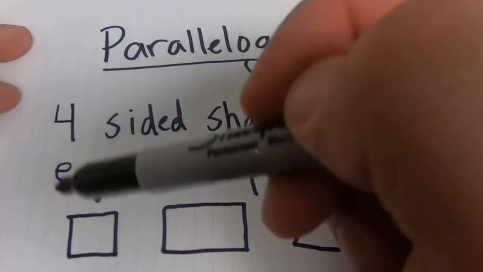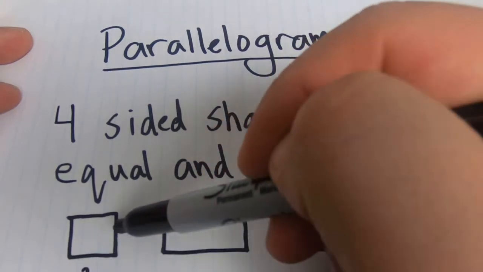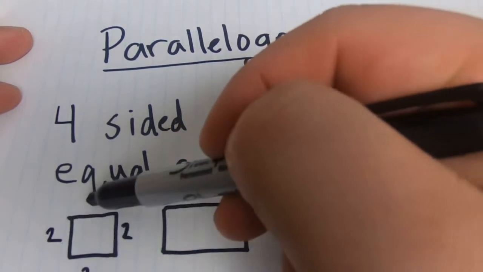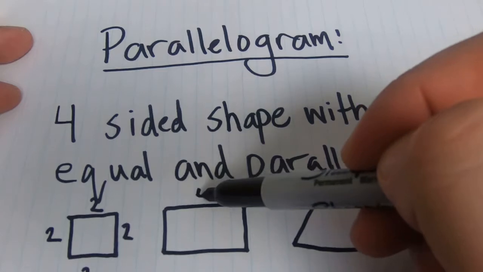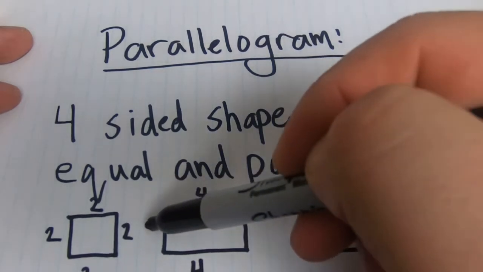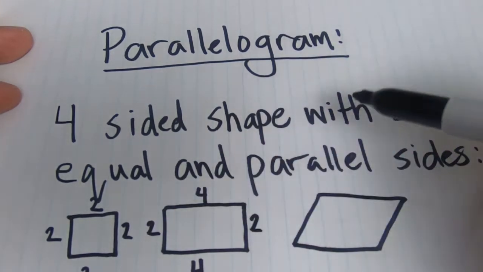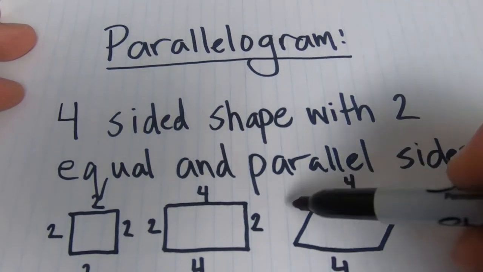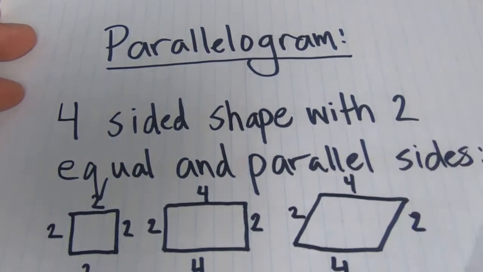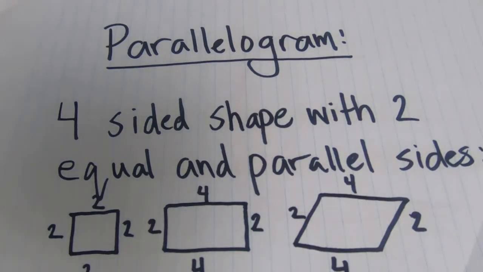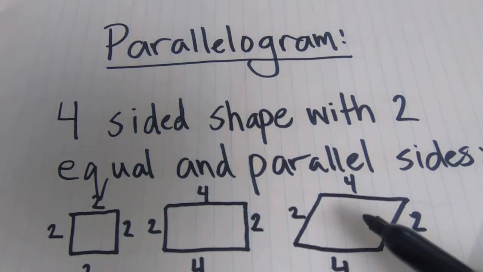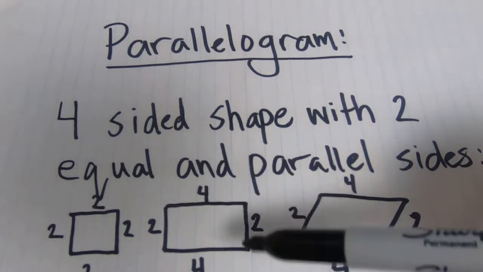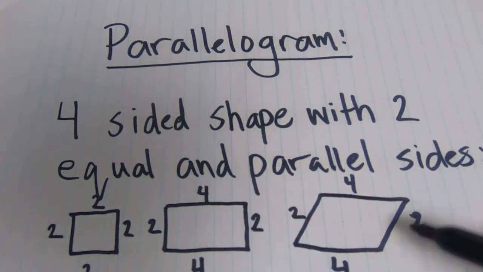Now, a square has 4 equal sides, so all the sides in a square equal the same. A rectangle is going to have 2 that are the same and 2 that are opposite but the same, and it's the same here with this type of shape, which we often refer to as a parallelogram. The only difference between a rectangle and a parallelogram is that the angles in a rectangle are 90 degrees, whereas the angles in a parallelogram are not 90 degrees.